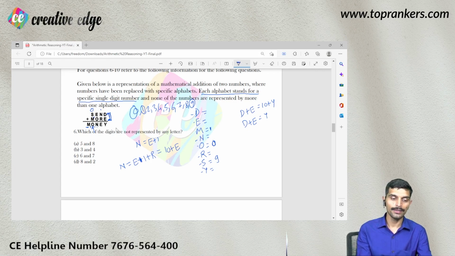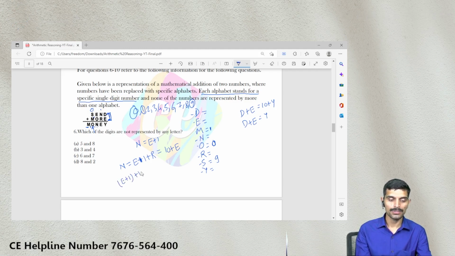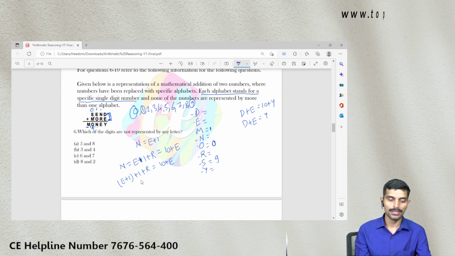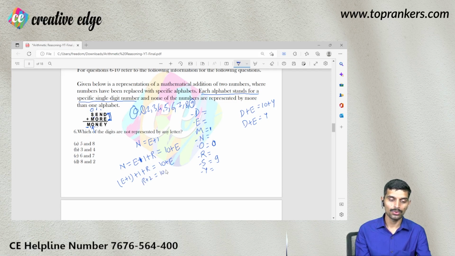If there is a carry, then I'll write N plus 1, that is E plus 1 plus 1 plus R is equal to 10 plus E. And here it is 10 plus E that I am sure about, because if there is a carry of 1, then only it is 1 plus E giving me N. All right. So from this, I can say R plus 2 is equal to 10. E gets cancelled from both sides. R plus 2 is equal to 10. So R is equal to 8.